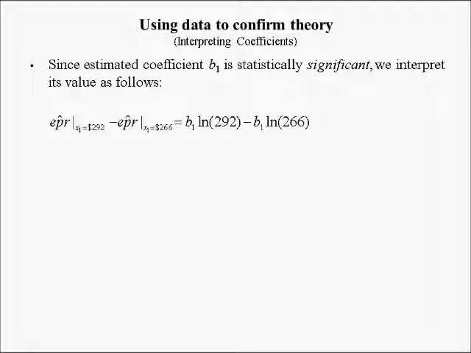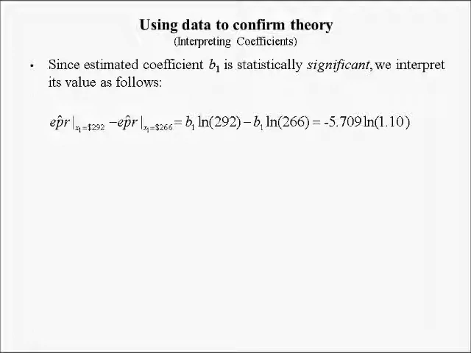Now, when you take a difference of logs, that's like taking the log of the ratio. And so log 292 minus log 266 is equal to log 292 divided by 266. If you don't believe me, plug it into your calculator.